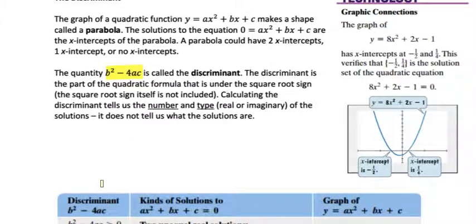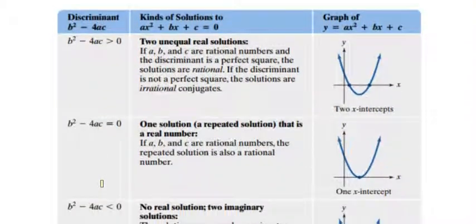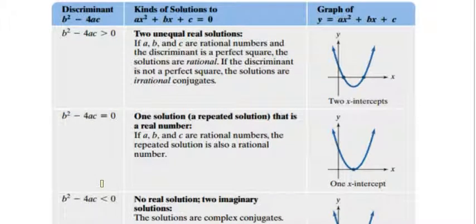So we're going to look at this table. This is from the textbook, and this tells us what different values of the discriminant will tell us about the graph and the solutions. So if the discriminant is positive, then that means that there are two unequal real solutions, or that the graph will have two x-intercepts.